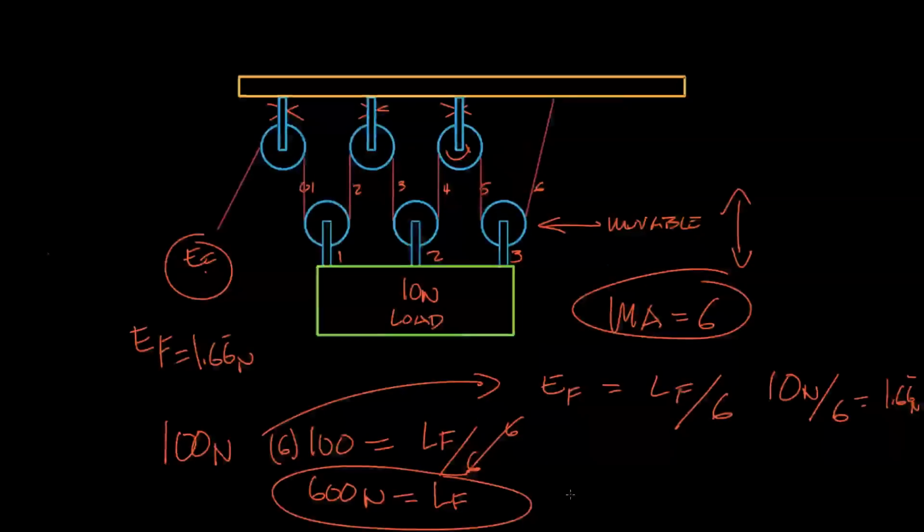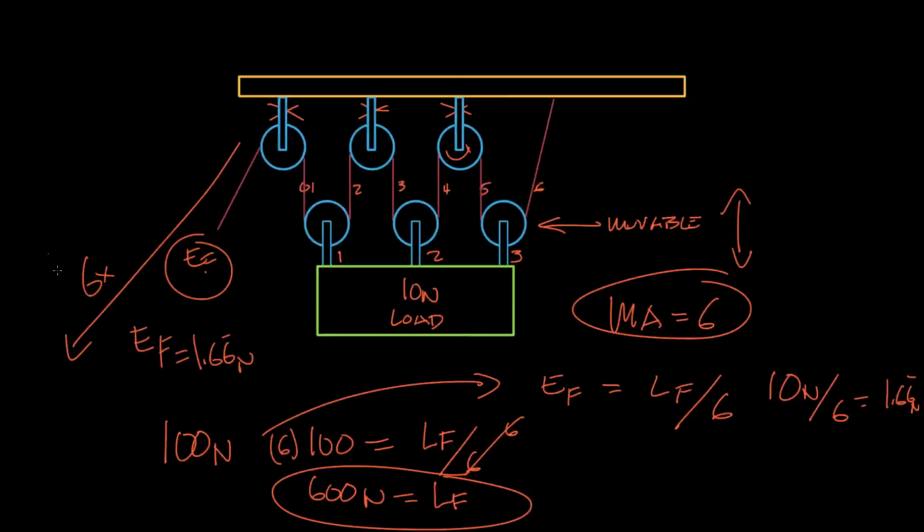Now, of course, that means that we are going to have to pull the cord or cable or strand 6 times as far. So we're going to have to pull a whole lot of that. But this is really handy because things like cranes, for example, could have huge motors to lift the kind of loads that they lift, or they could take advantage of simple machines.